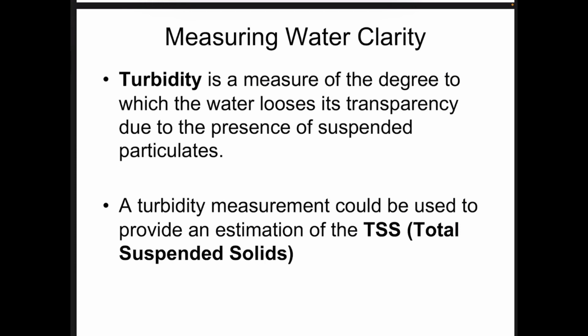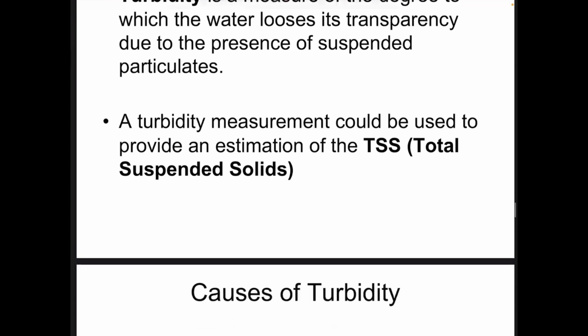A turbidity measurement can be used to provide an estimation of the TSS, which we discussed last meeting. TSS is the total suspended solids, and turbidity can be correlated with the TSS.